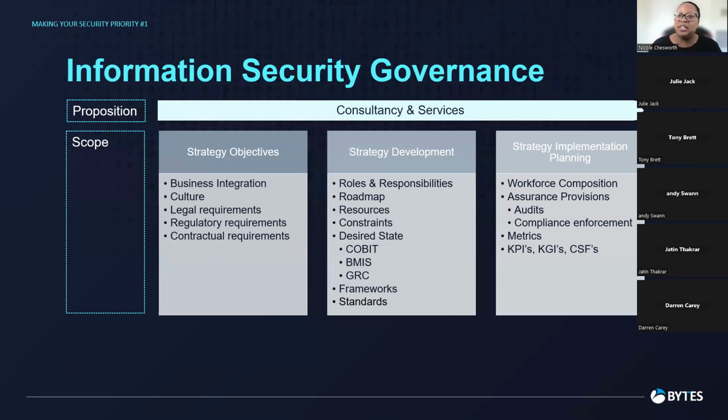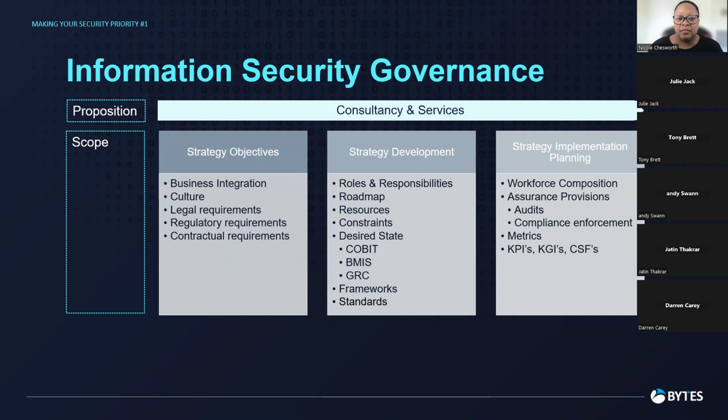And when you're building out the strategy development plan, you would hopefully have in your mind a desired state. So what you're trying to get to. And there's a few ways you can define a desired state. So these could be standards, for example, using COBIT as a model, or using the BMIS, which is the business model for information security, or using governance, risk, and compliance as a desired state of where you would like to get to.